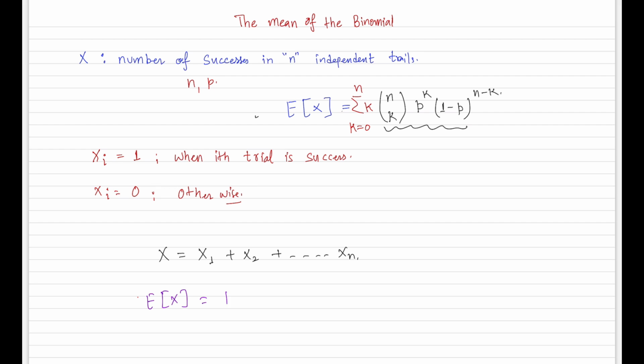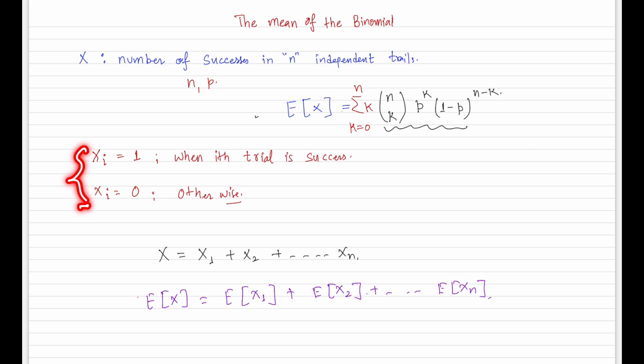That will be simply the expectation of X_1, plus the expectation of X_2, up to the expectation of X_n. If you look at these random variables, they are all the same kind of random variable: they can take the value 1 or 0.